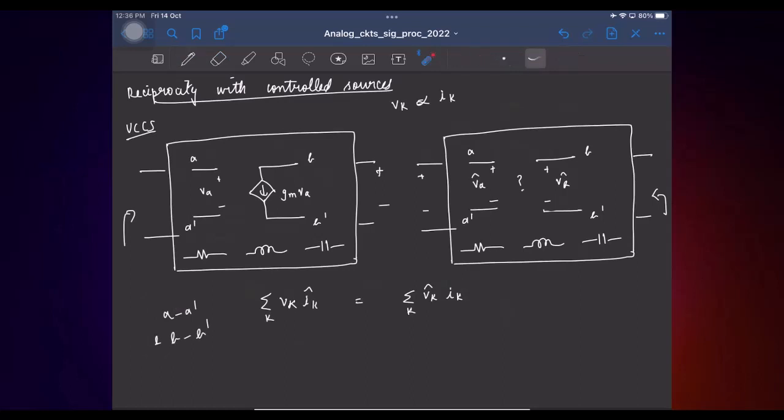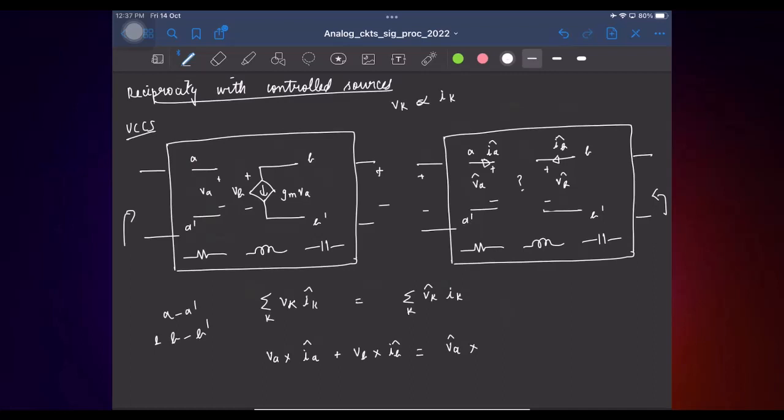So let's write only for the branches A prime and B prime. We'll start with the voltage in this branch, which is VA, times the current in this direction, which is some IA hat. Fine. Plus the voltage here, say it is some VB, times the current here, which is IB hat. This should be equal to the voltage in this branch, which is what?